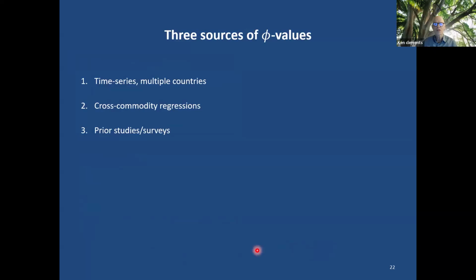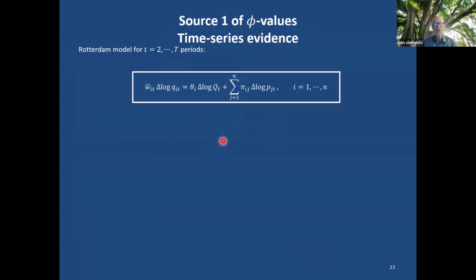So the sources of values for the income flexibility phi, I've got three sources here. Source number one is time series evidence. Here's the Rotterdam demand model. So we've got N commodities, N equations in this system.